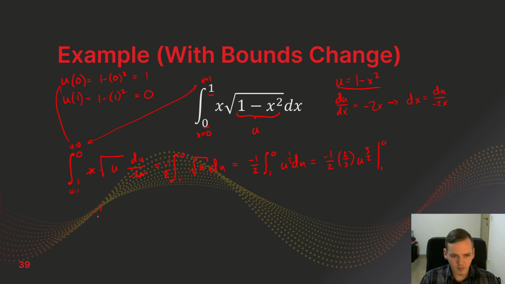So we get negative 1/3 times 1 to the 3/2 minus negative 1/3 times 0 to the 3/2, which will end up equaling negative 1/3. Did I do that right?